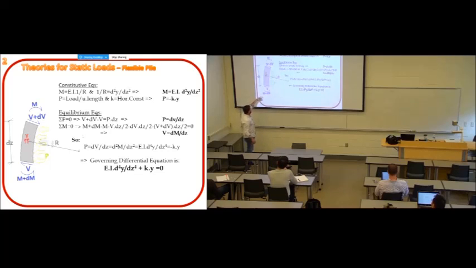So M plus dM is turning this way, minus M, opposite, minus V dz, opposite, plus V plus dV, also in this direction. So the sum of moment equals 0, and you get 2 extra equations. Putting all these together will lead to the governing differential equation that we need to solve.